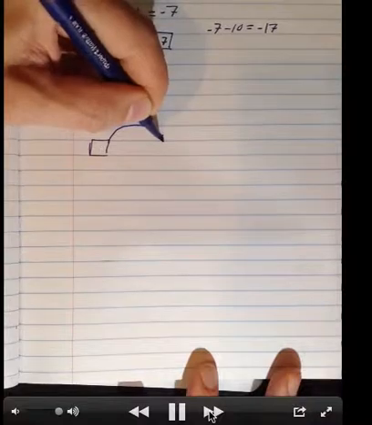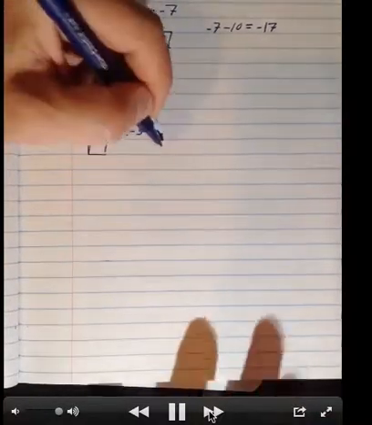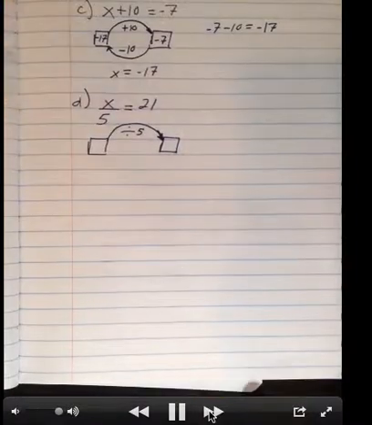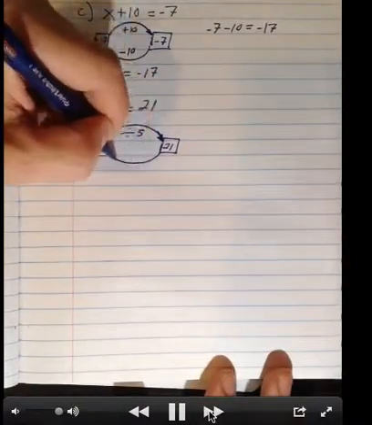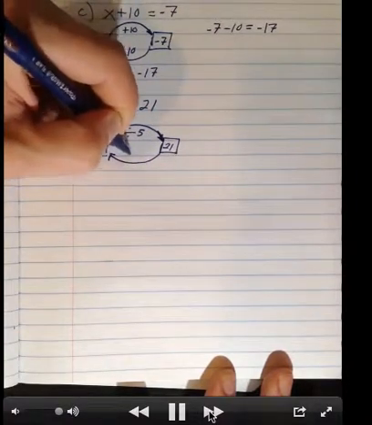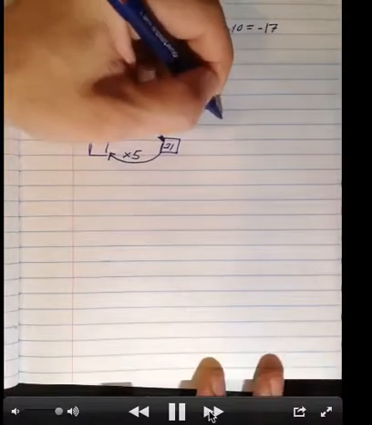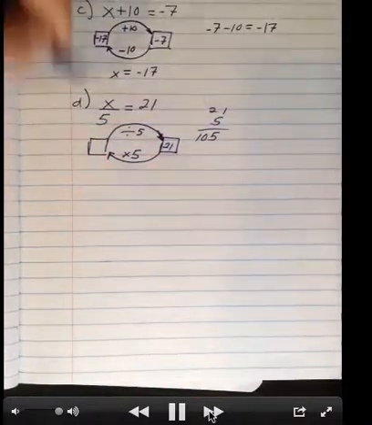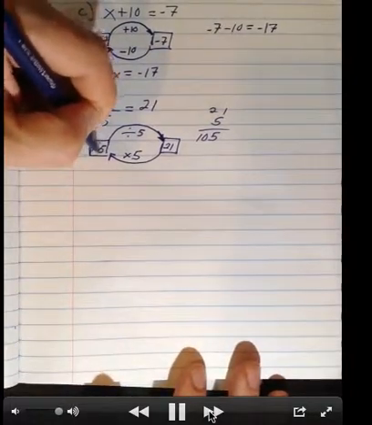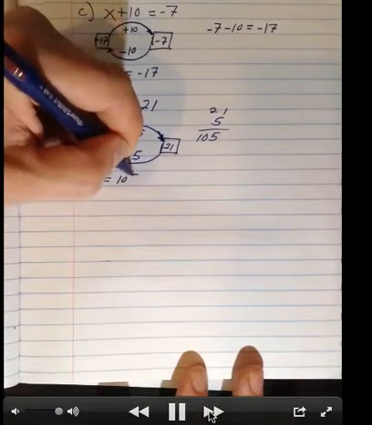So there was a number, it was divided by 5, and it became 21. The opposite of dividing by 5 is multiplying by 5. 5 times 21 is 105. So x is equal to 105.